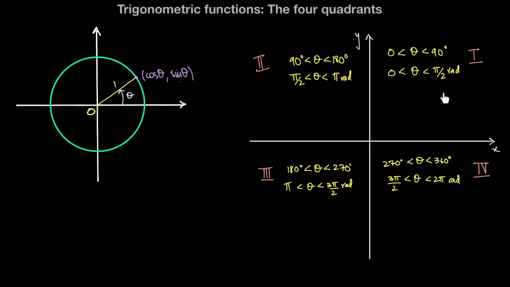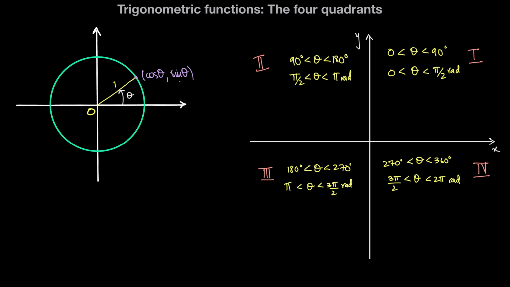Now if we divide this Cartesian coordinate system, the x and y coordinate system, into 4 quadrants, or 4 equal parts, we say that the first quadrant is where theta is between 0 and 90 degrees. In the first quadrant, the cosine of theta, that is the value of the x-coordinate, is a positive value.